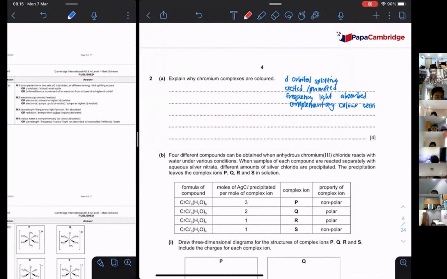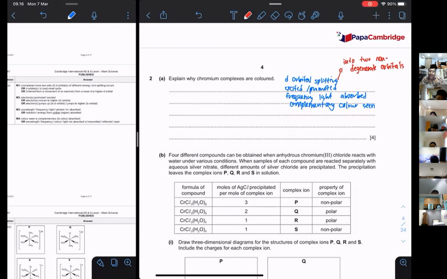The d orbital splitting into 2 non-degenerate orbitals. Okay, non-degenerate orbitals means they have different energy. Okay, that is the first thing that I want you to mention.